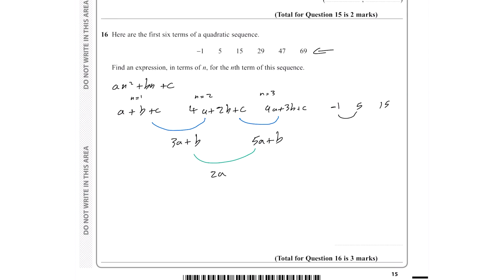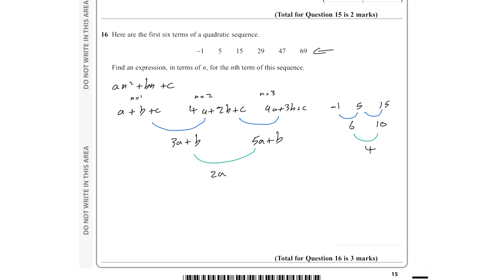Now I'll use the same colors as well, so it's a little bit easier to follow along. If I use my blue lines again, to go from -1 to 5, there's a difference of 6. From 5 to 15, there's a difference of 10. And from there to there, there is a difference of 4.